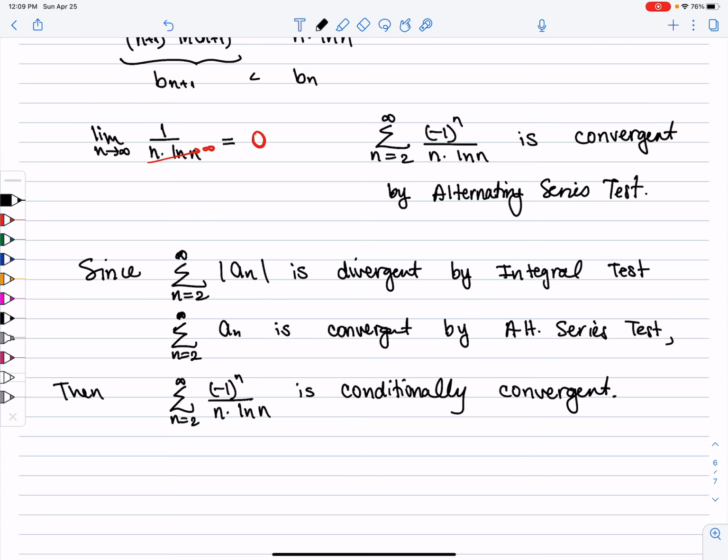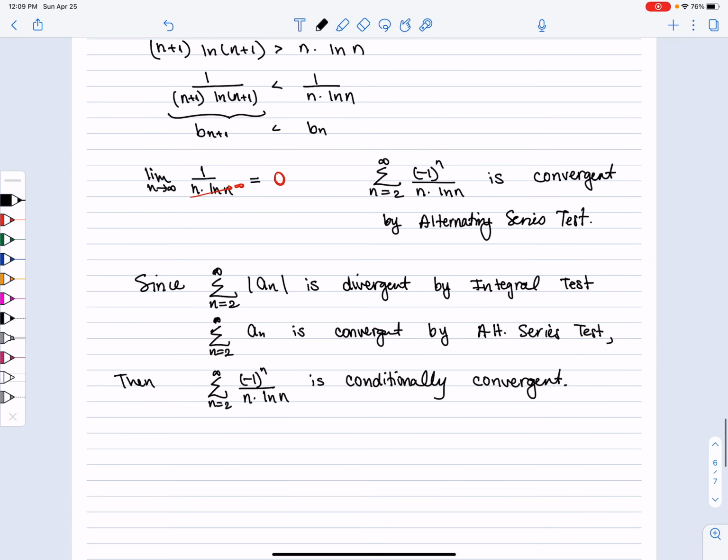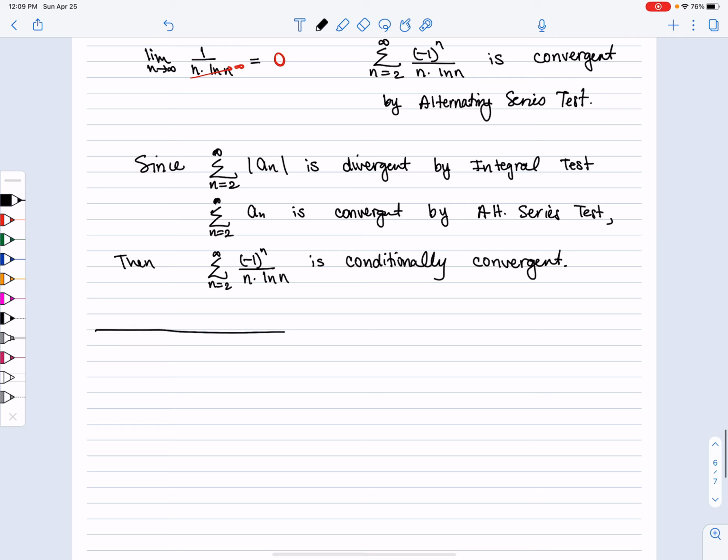I really like these problems because they have all kinds of concepts here. Let me go back to the concepts that we talked about. So concepts in this problem. So what did we talk about? We talked about the comparison test. We talked about the alternating series test.